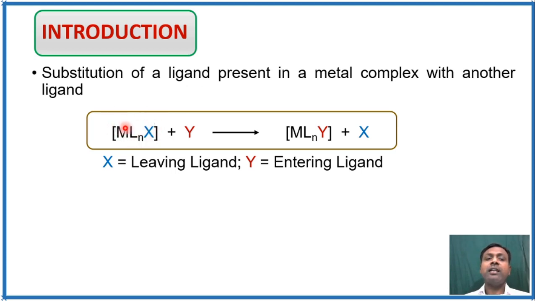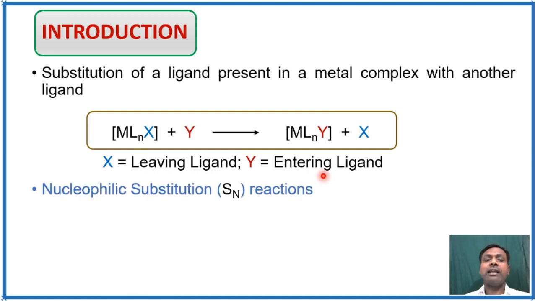Here M is the metal, Ln are n number of ligands, and one of the ligands is X. If this complex reacts with another ligand Y, then this Y replaces this X from the initial complex. So the X present in this complex is replaced by Y and X comes out. Therefore, X is the leaving ligand and Y is the entering ligand.